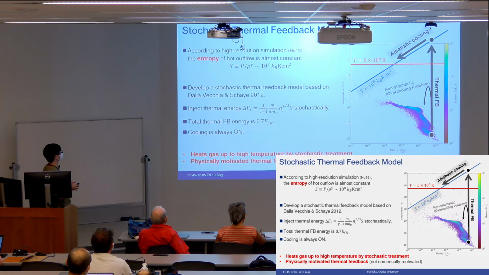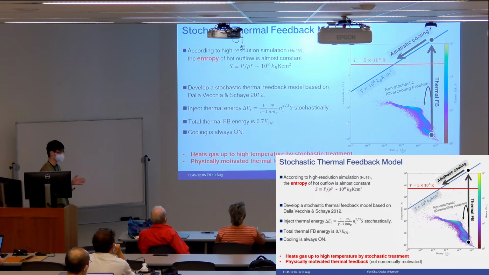And next I briefly talk about the stochastic thermal feedback model. We developed a stochastic thermal feedback model based on Dalla Vecchia and Schaye's model, but we use entropy as a parameter. There is a well-known problem called the overcooling problem.